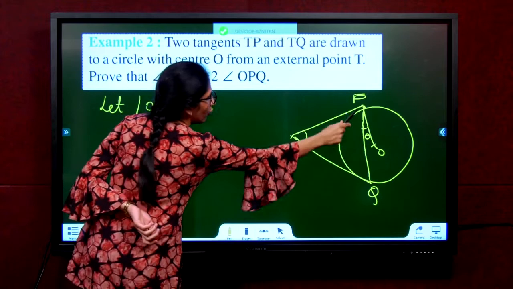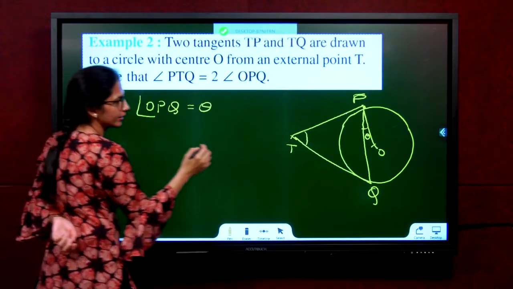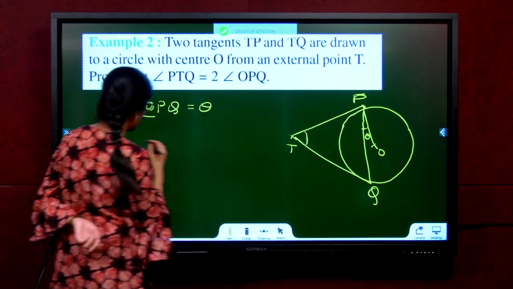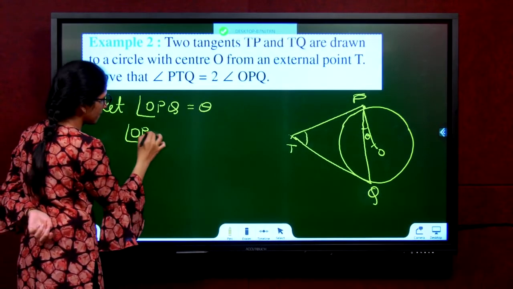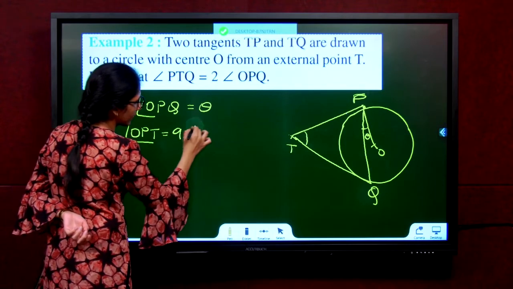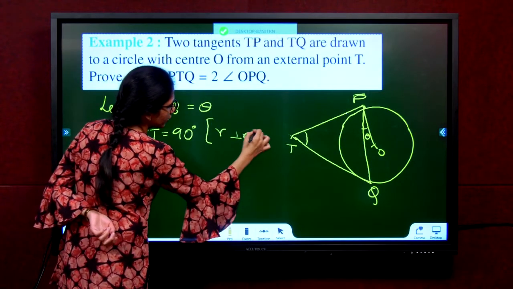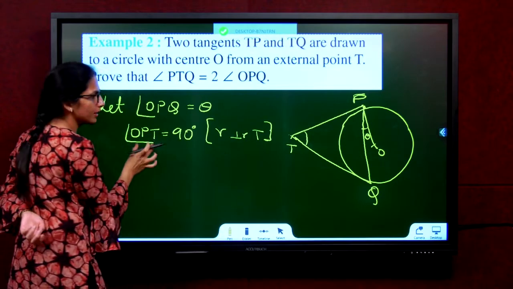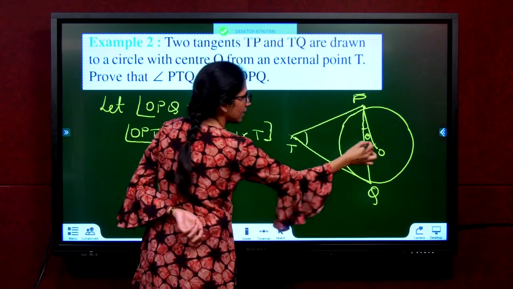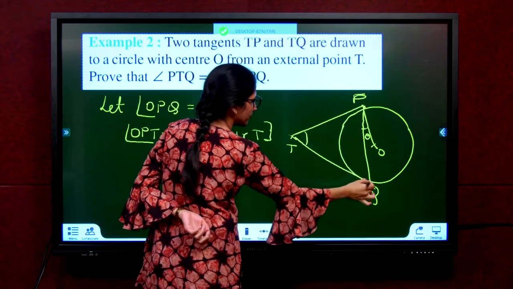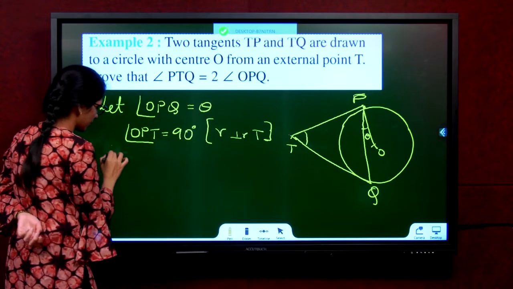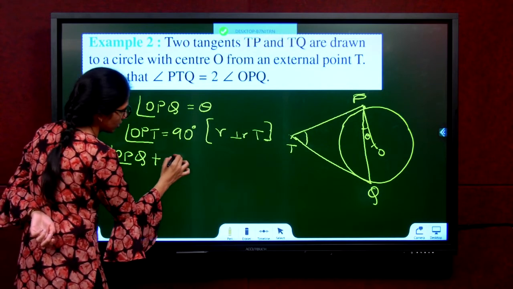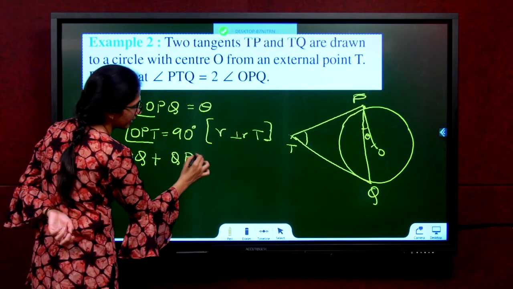So angle OPQ is theta. Correct? And angle OPT is 90. Why? Radius is perpendicular to tangent. Write it in full words. This full angle OPT is OPQ plus QPT.